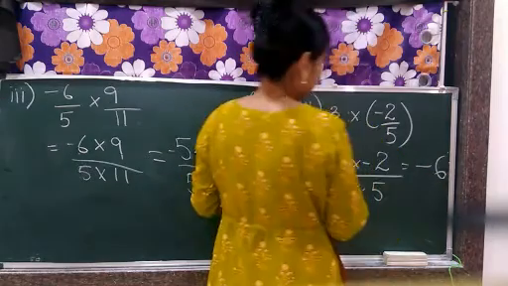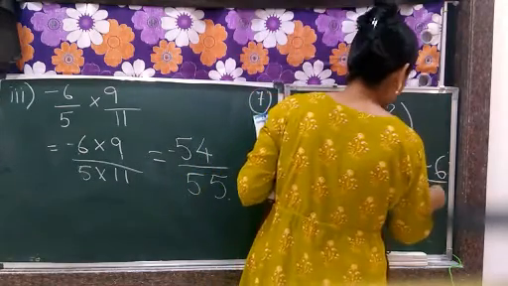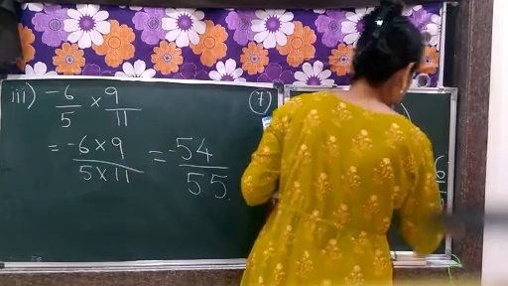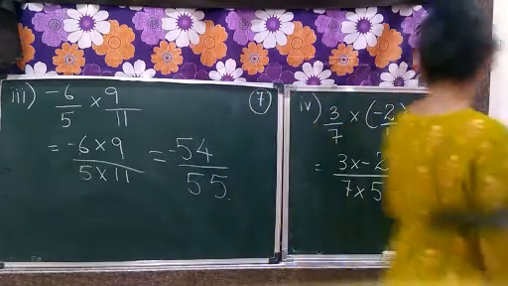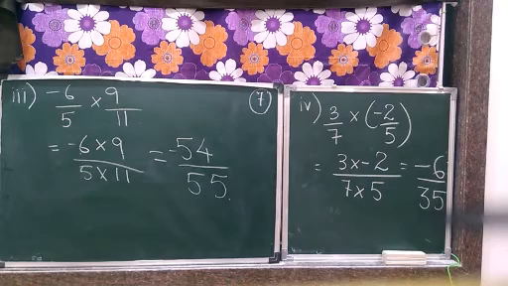Three twos are 6, plus into minus, minus. 7 fives are 35. So this completes the fourth one. Now we start the fifth one.